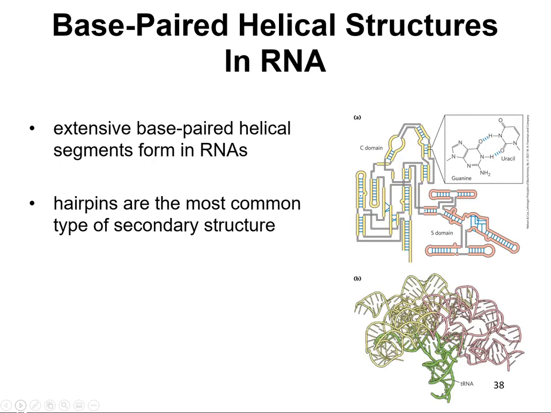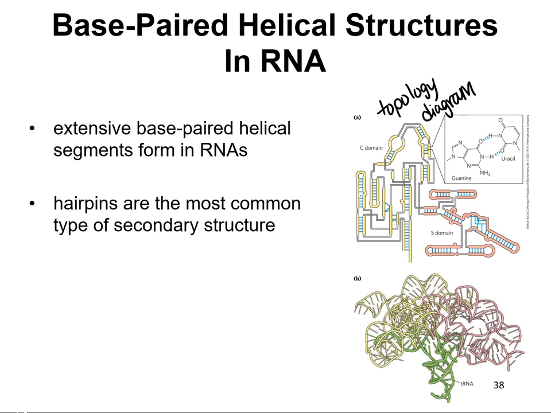You can have some base pairing in helical sections in RNAs, especially like tRNA or non-coding RNA. So what's shown here is a tRNA. This is a topology diagram. Just like with proteins, it shows the secondary structure. And these tRNAs are pretty huge. So they have different domains, the C domain, the S domain.